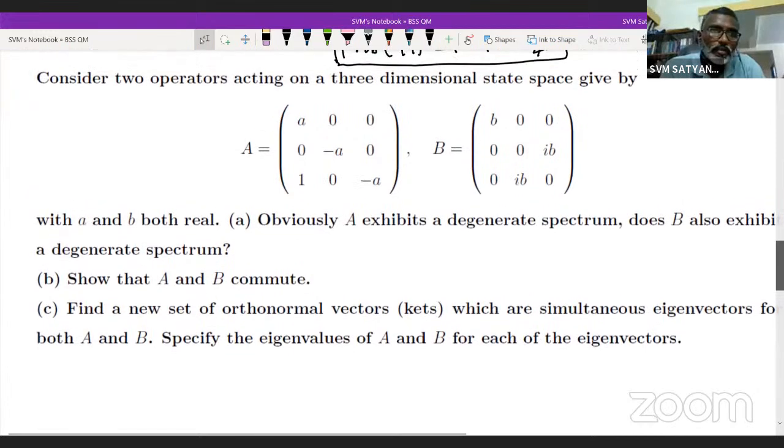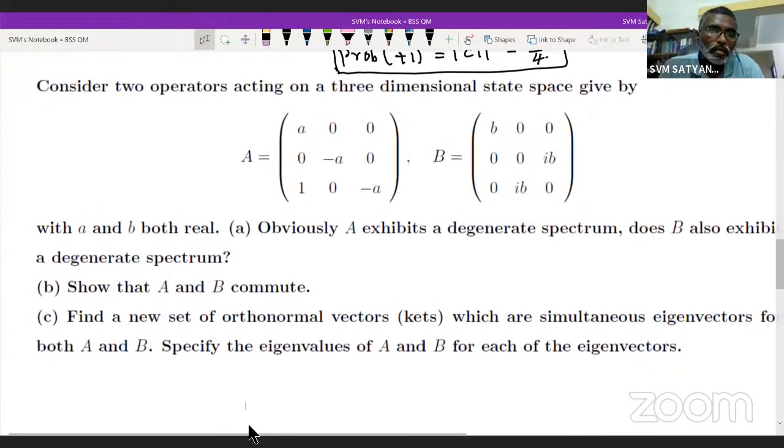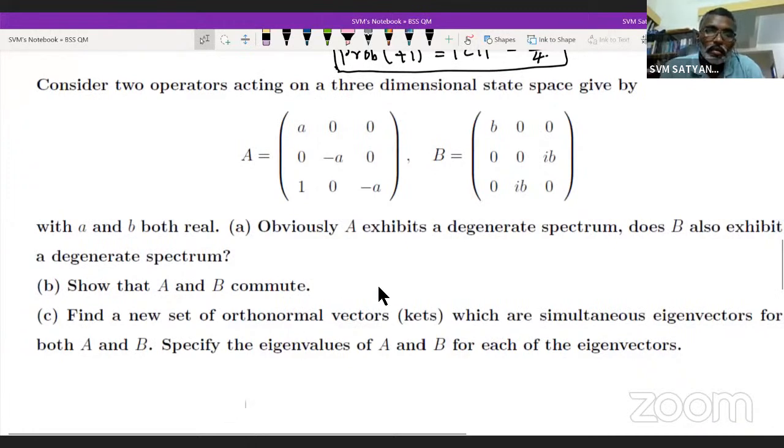Okay, so now let us look at this problem. Now I am considering two operators acting on the same three-dimensional state space. In this case, both A and B are real.